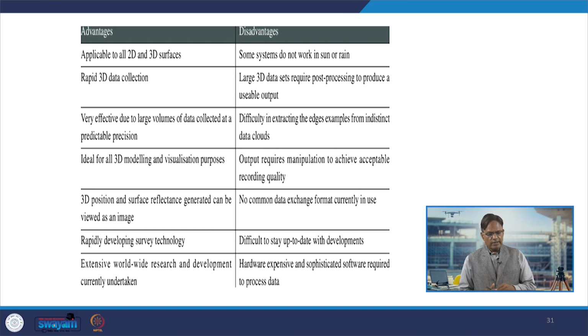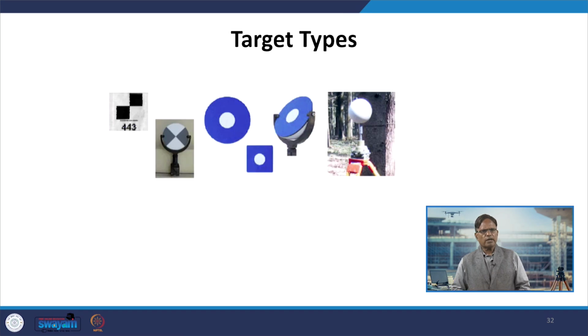Now, if we look at the advantages and disadvantages of the data which we are deriving from the 3D model LiDAR systems, then there are several advantages and several disadvantages also. Advantages are more in the sense that we are getting very unique data which we do not get otherwise.